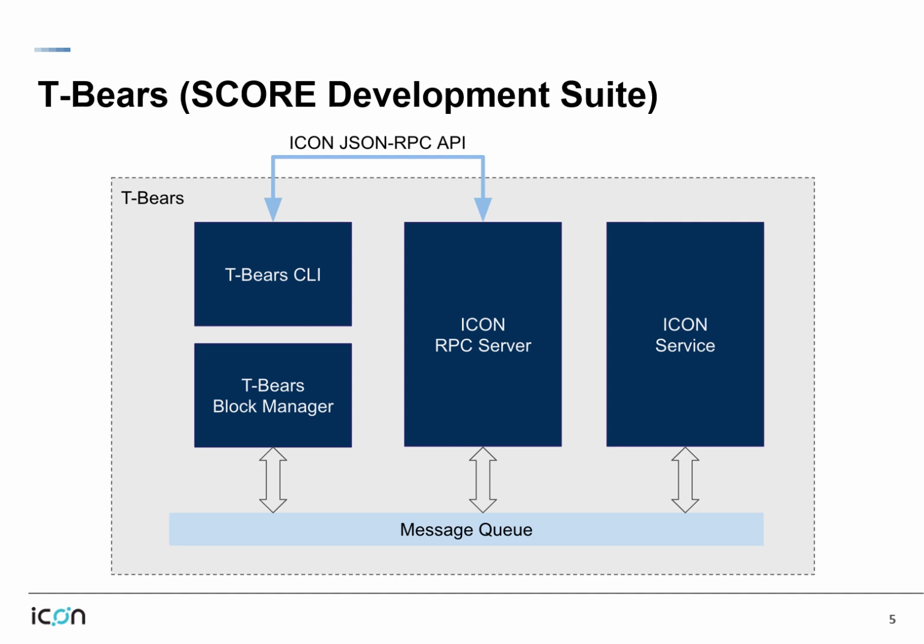On another side, the T-Bears block manager does an emulation of block generation. All three of these components communicate with each other through a message queue interface. You should know that the only difference from the real Icon node is the T-Bears block manager module. That module will be replaced with the LoopChain consensus engine in the real Icon network.